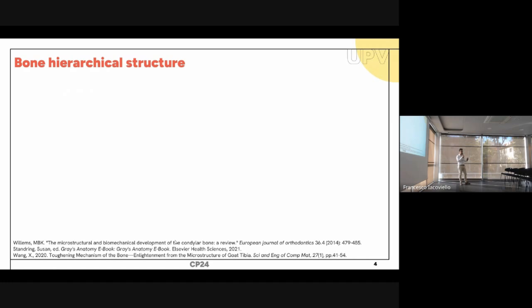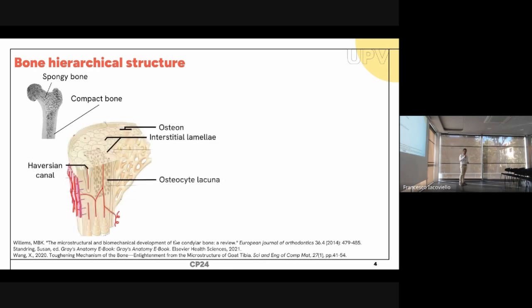At the microstructure, we can differentiate two tissues for bone, spongy and compact or cortical bone. That's the one we are analyzing. Now, at the micromechanical level, we can see how cortical bone is composed of dense lamella of collagen that organize in a concentrical way around what we call a Haversian canal.